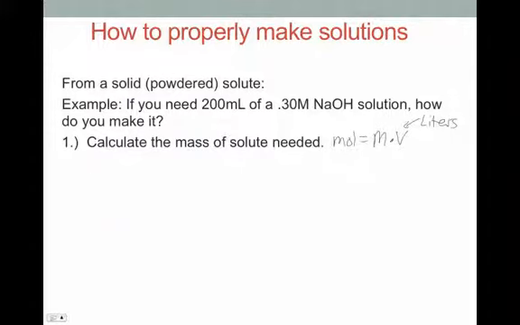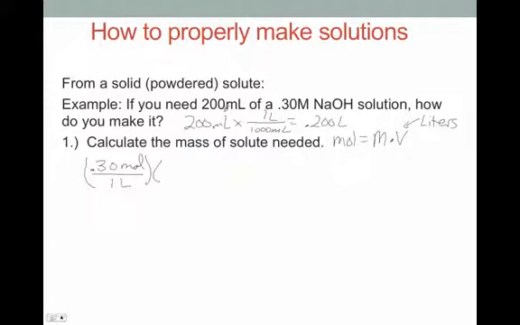Then we're going to convert that amount of moles into grams. So we take our 0.30 moles per 1 liter, multiply that by our volume, which is 200 milliliters, but we divide 200 milliliters by 1000 to convert that to liters, and that equals 0.200 liters.